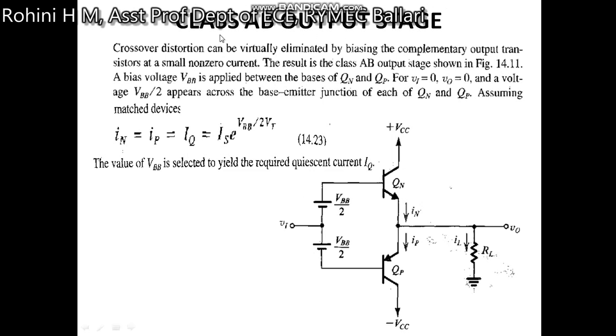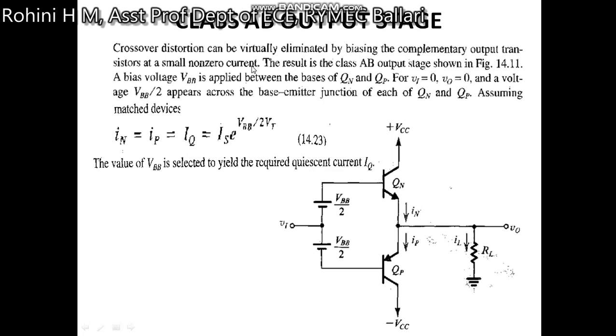Next we are discussing the class AB output stage. This is the class AB output stage of the op-amp. Crossover distortion can be virtually eliminated by biasing the complementary output transistors at a small non-zero current.